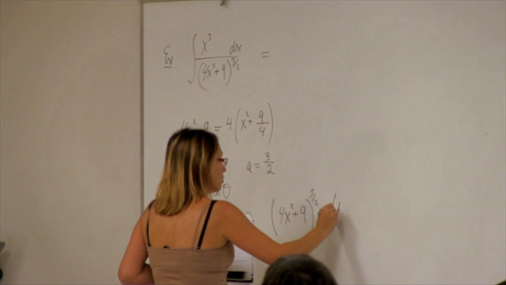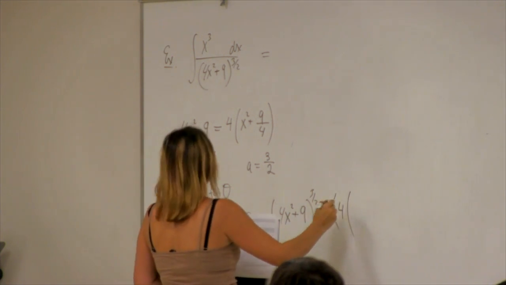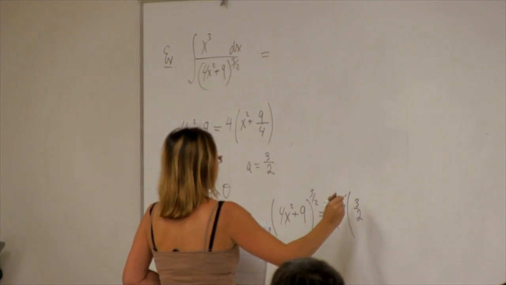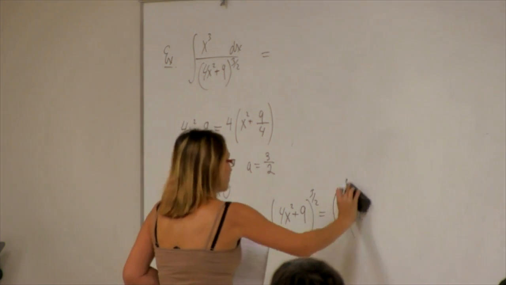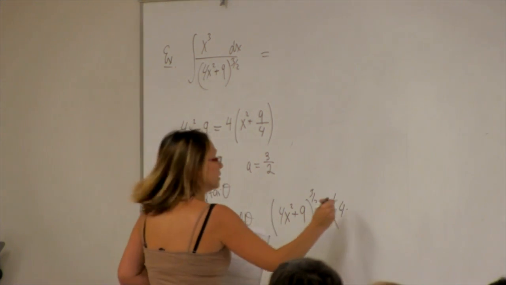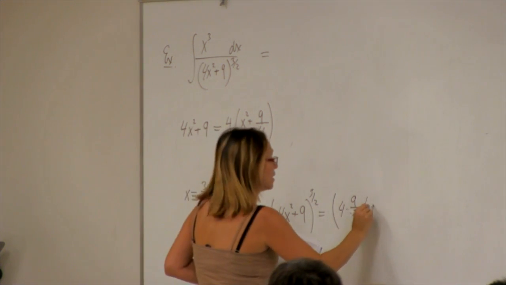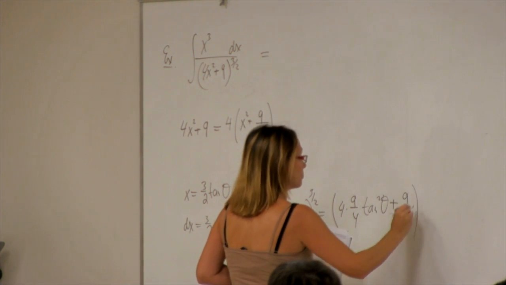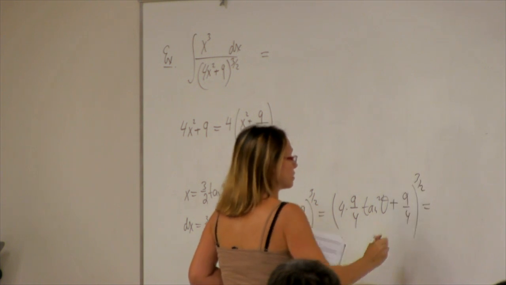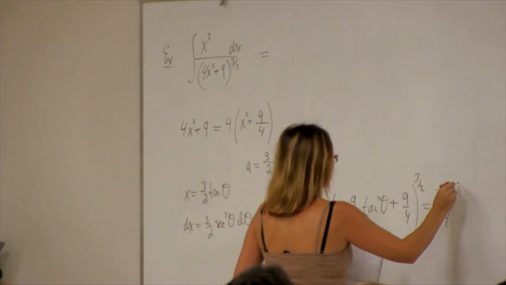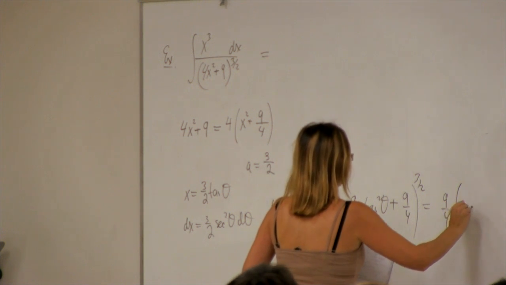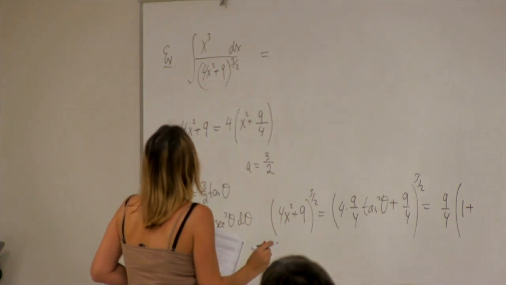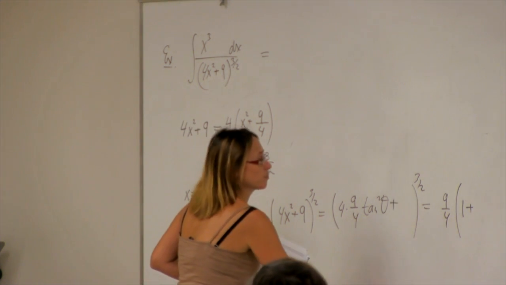I have 4 times 9/4 tangent squared theta plus 9, to the power 3/2. So I have 9 times 1 plus tangent squared theta.